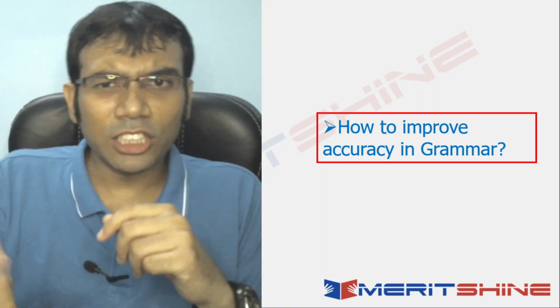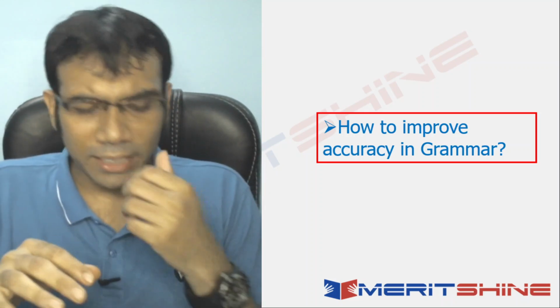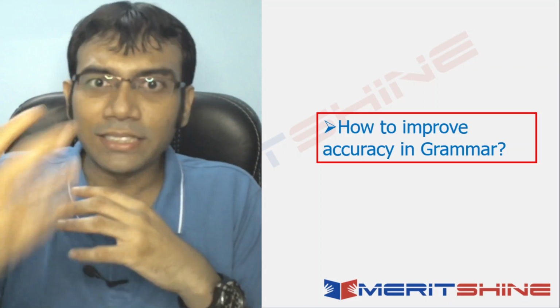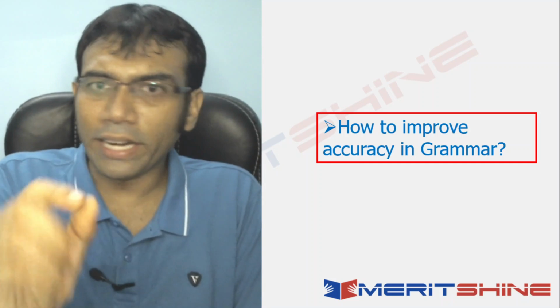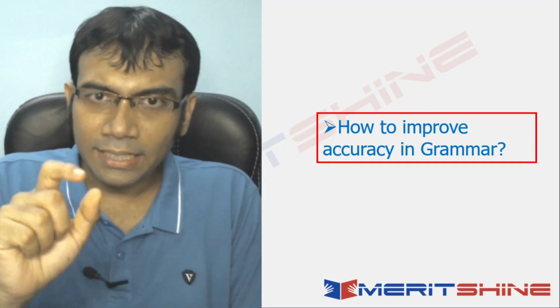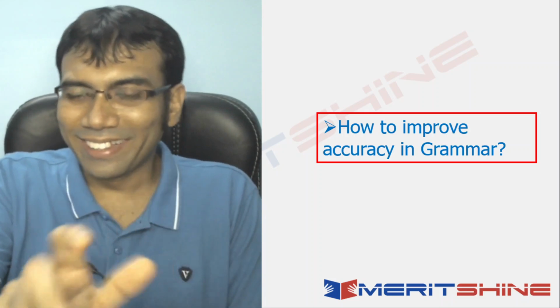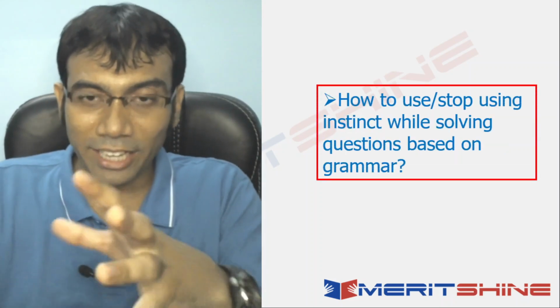Achha, there was this issue that I shared with you at the start, that some people have an instinct, so they mark something on instinct and get it correct. But whenever they start thinking, they get it wrong, right? And that is where the next issue comes.